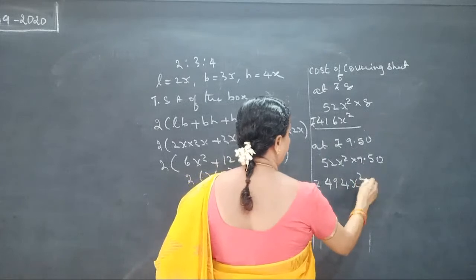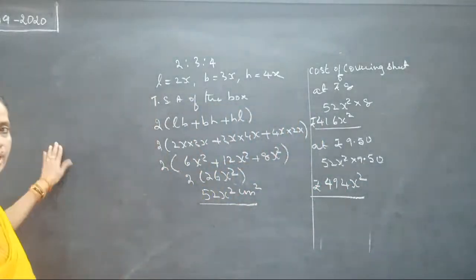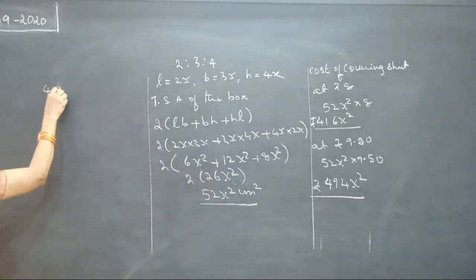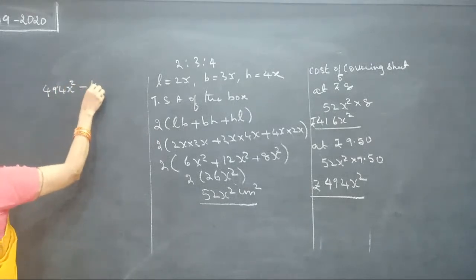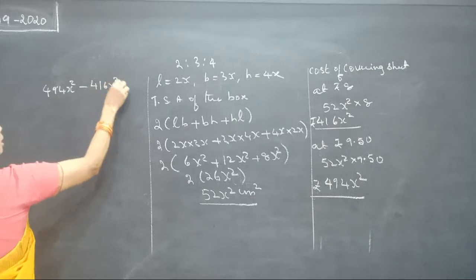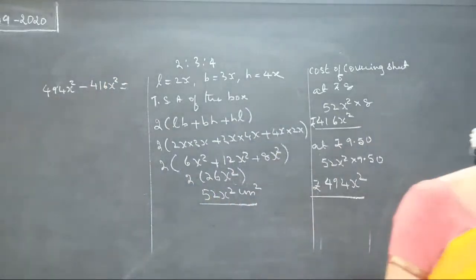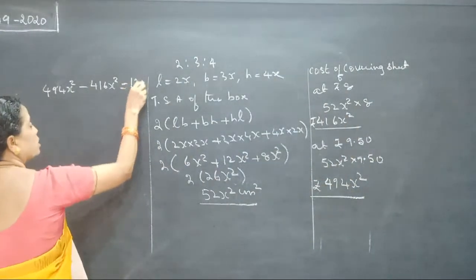494x square rupees. Okay. Now the difference is 494x square minus 416x square equals, what is the difference in amount? 1248. Check it once.